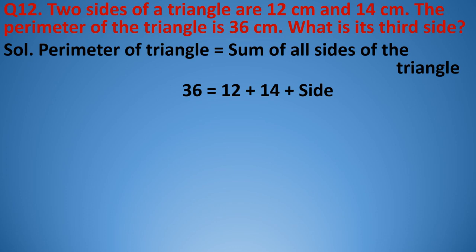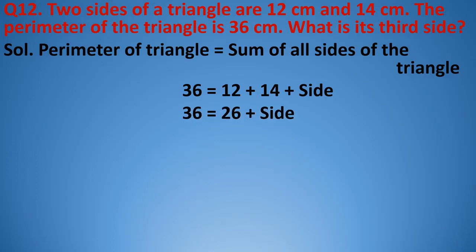See once again, formula of perimeter of a triangle is sum of all the sides, or we can say side plus side plus side. In place of perimeter of a triangle, we will write down the length of its perimeter, which is 36 centimeter. And in place of sum of all the sides, we will write down the sum of two sides. That is 12 centimeter plus 14 centimeter.